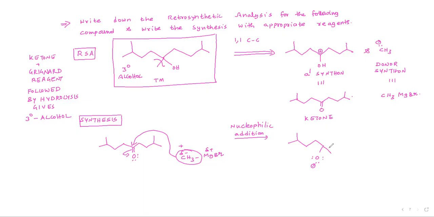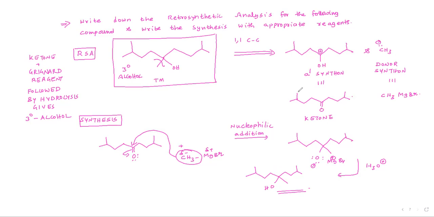This is O minus, this is CH3, again CH2, CH2, CH2. This is O minus MgBr plus. Now this on hydrolysis we'll get the target molecule. This is OH, this is CH3.